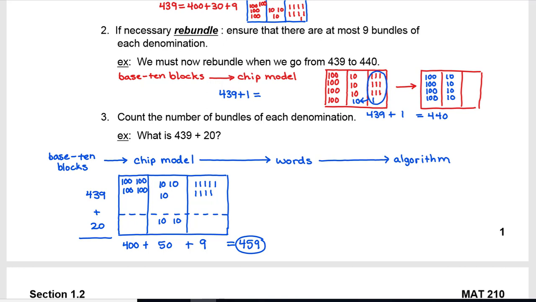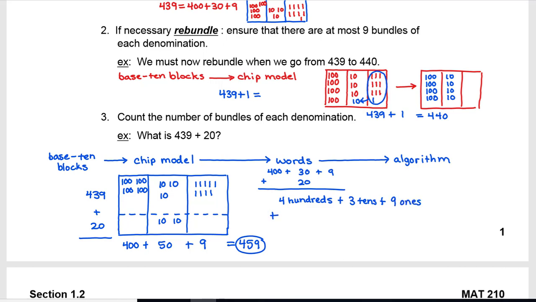Okay, so we have 439, so you're basically taking 400 plus 30 plus 9, and you're adding to it 20. So in other words, you have 4 hundreds plus 3 tens plus 9 ones.